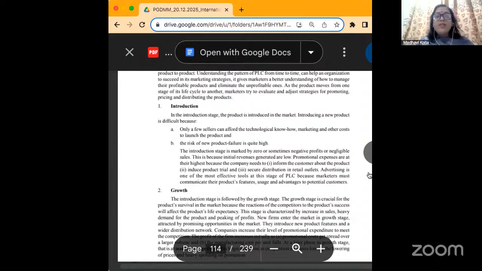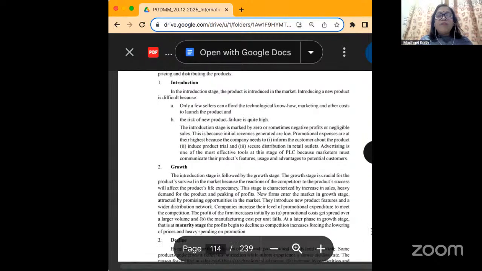In the introduction stage, the product is introduced in the market and it goes through a stage of a little difficulty. And why is that? Because only a few sellers can afford the technological know-how, the marketing and other costs to launch the product, and the risk of new product failure is quite high.